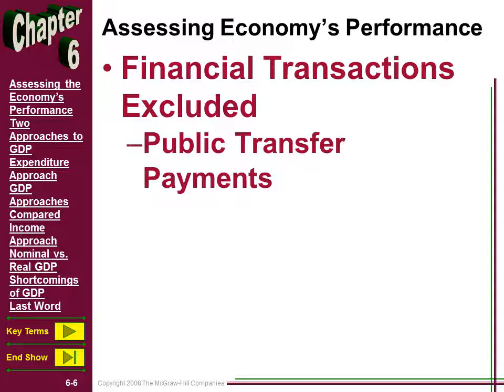So when the government sends a Social Security check to a retired individual, we don't want to count that spending as part of economic production, because no good was produced, no service was provided. Now, of course, this person deserves their Social Security check, but if we added in that amount of government spending, we would be guilty of overstating economic activity.